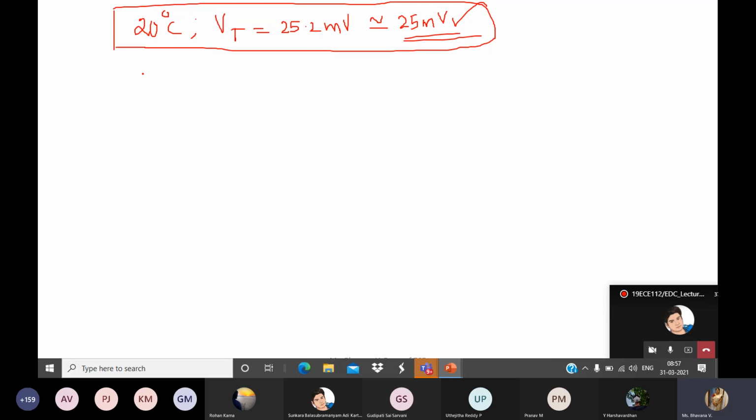If temperature is given, you have to find it out. Room temperature means 20 to 25 degrees Celsius. This is based on the textbook Microelectronics by Sedra and Smith, where it is written as 20 degrees Celsius. So normally it is 20 to 25 degrees Celsius, and we can use this value at any temperature from 20 to 25.